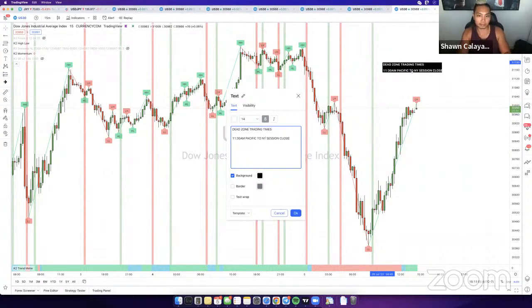So basically, by 11, you should be done trading. And then for here, this is going to be 10 p.m. Pacific to Asia close. That's pretty much it. There's just two time periods where you could avoid it.